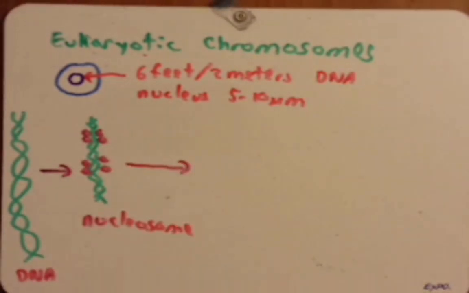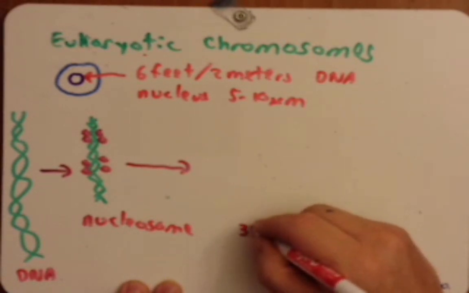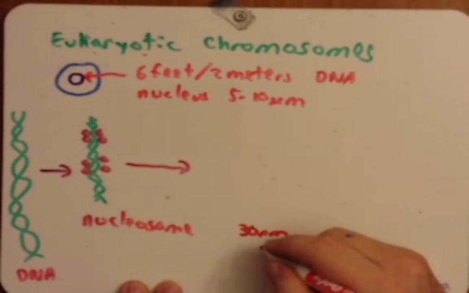After this, the nucleosomes begin to fold upon themselves. I'm not going to be able to draw this very well, but you can look at the image in your book, because this will form what is known as the 30 nanometer fiber.